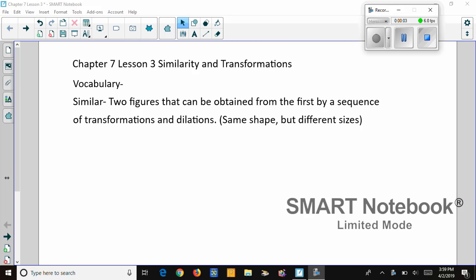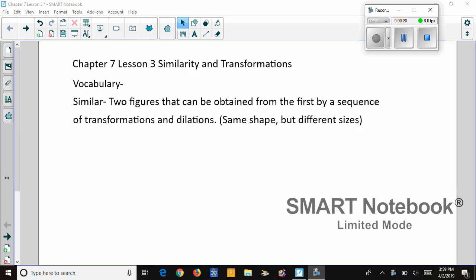Chapter 7, Lesson 3, starts our lesson on similarity and transformations. Previously, we talked about how if we translate, rotate, and or reflect an image that keeps the same size and the same shape, it is called congruent. Now we're going to move into what happens if we add a dilation in there.